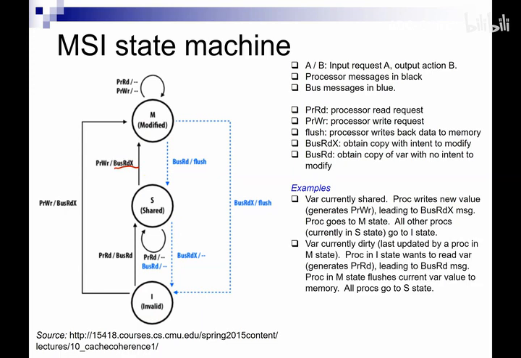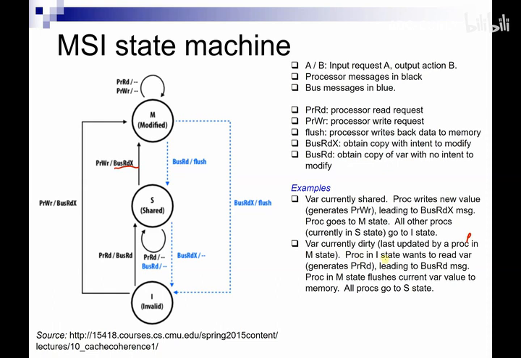Okay, so that was the first example. The next example is that suppose the variable is currently in the dirty state. So it was last modified by some process, which is now in the M state. Let's say that this process is called P, so process P has the newest value for the variable.